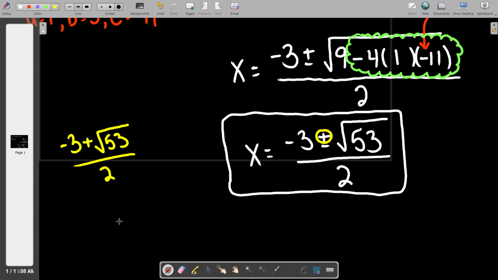It's a weird answer, but it's an answer. And then the other answer is if I take this other pathway, the minus, the other answer is -3 minus the square root of 53 divided by 2. So if math people had you write out answers like this separated, then your answers would be x equals yellow guy, comma, x equals red guy. But when we use the formula, we tend to just glob them into one, shortcutting with the plus or minus sign.